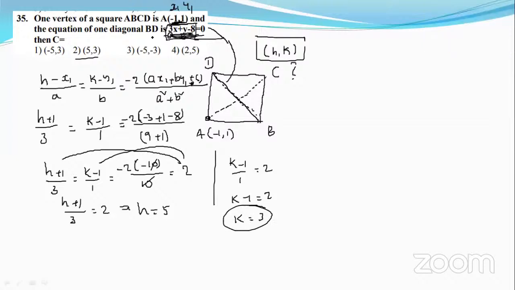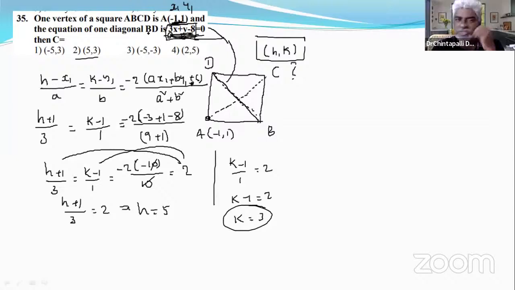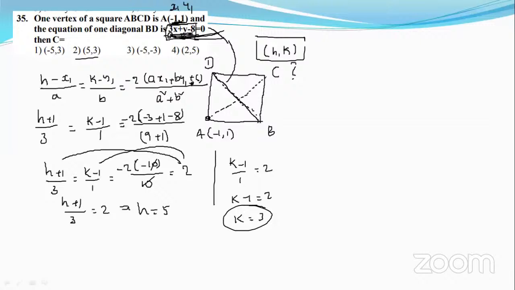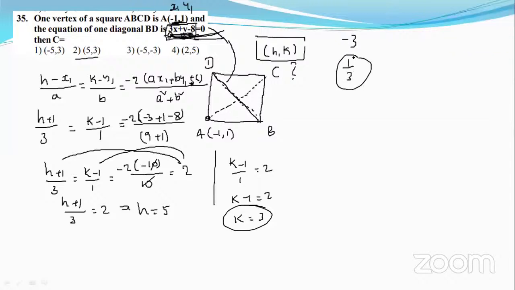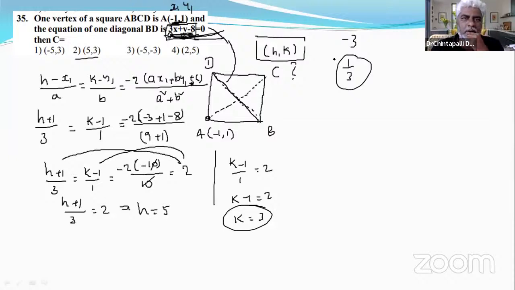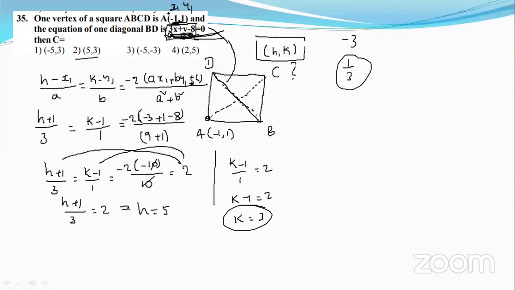We can also solve the same sum by finding the slope of the given line. What's the slope of the given line? Negative 3. Slope of the given line is negative 3. Its perpendicular slope is 1 over 3. By verifying each option, the given point is negative 1 comma 1.